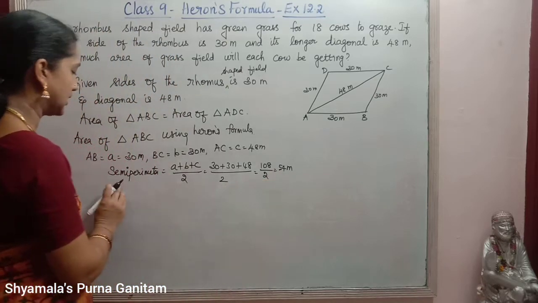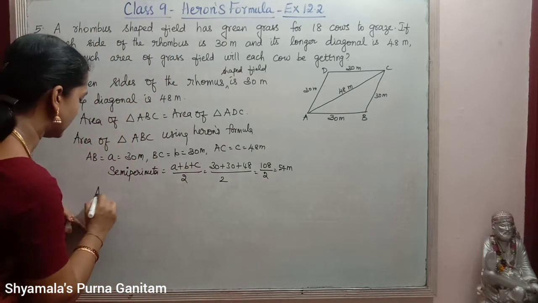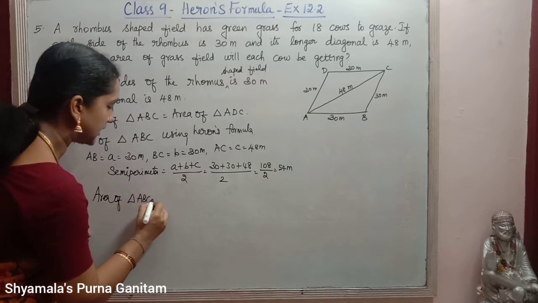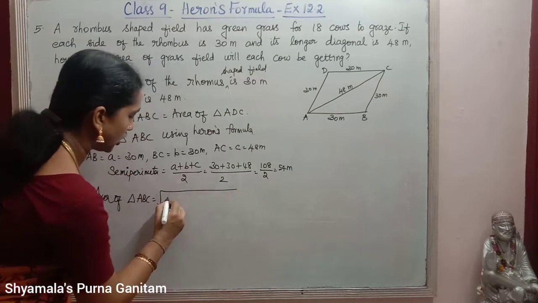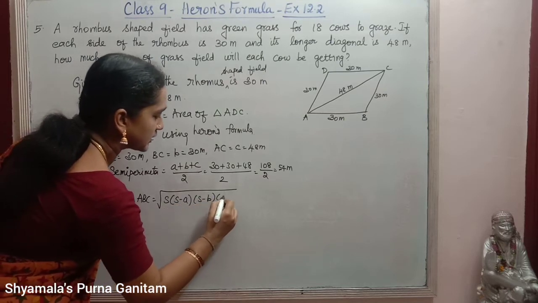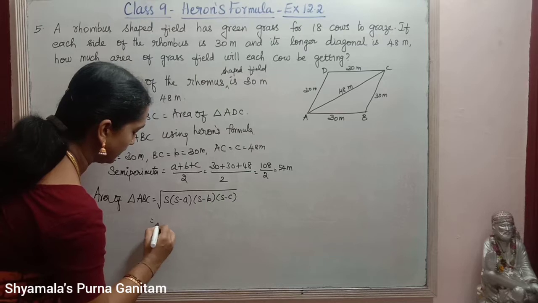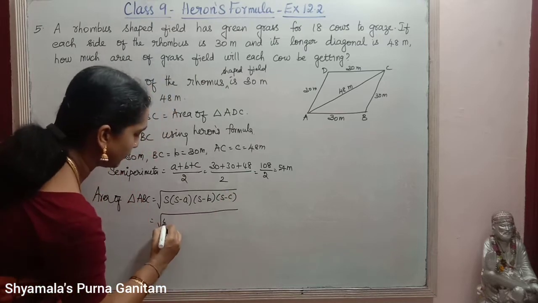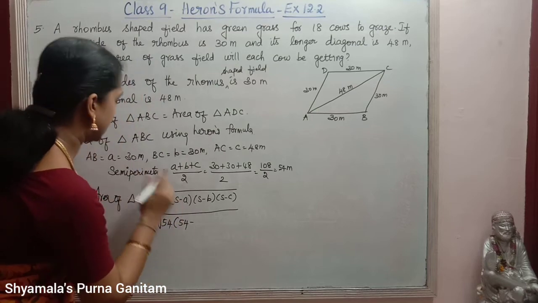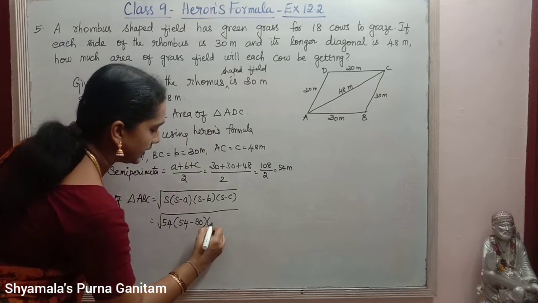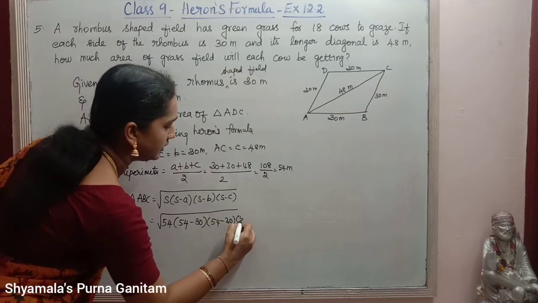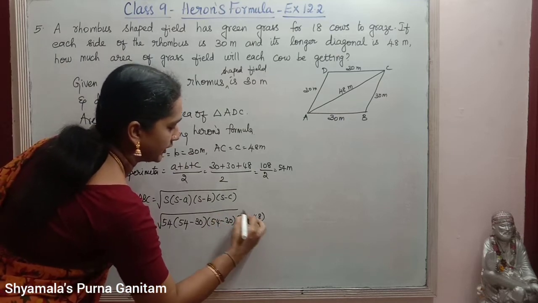This is the semi-perimeter. Now we use area of triangle ABC is equal to root of s into (s minus a) into (s minus b) into (s minus c). S is 54. So 54 into (54 minus 30) into (54 minus 30) into (54 minus 48).